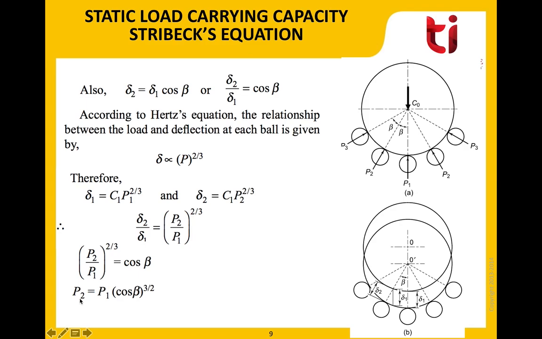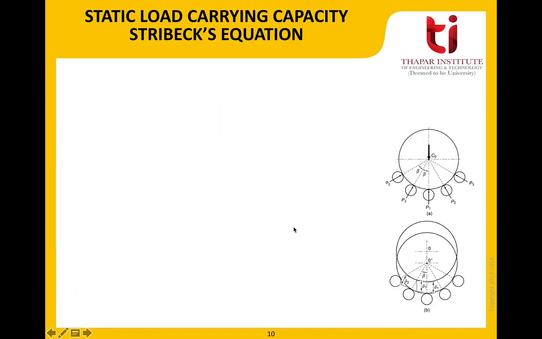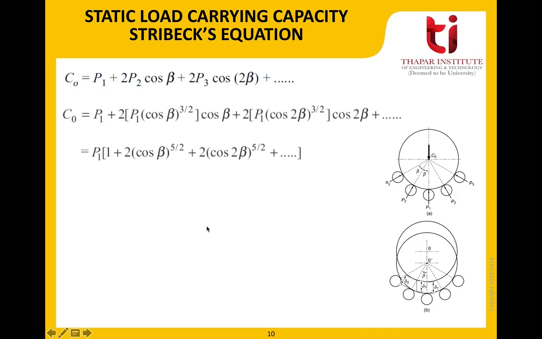So finally P2 is equal to P1 cos beta raised to power 3 by 2, and in a similar way we can also say P3 is equal to P1 into cos 2 beta raised to power 3 by 2. So you can see that we have transformed P2 and P3 in terms of P1 and just cos beta in both these equations. So going back to our original equation, which is C naught equal to P1 plus 2P2 cos beta plus 2P3 cos 2 beta, we will replace P2 and P3 from the last slide in this equation.